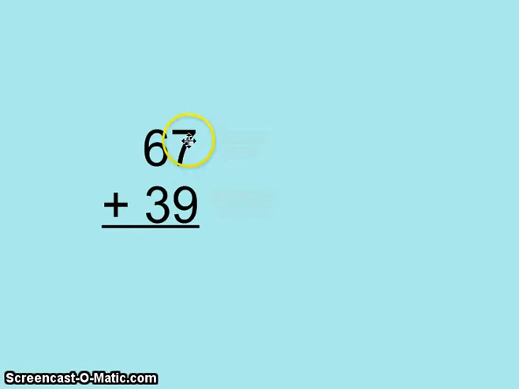Let's try another one. Again, looking at my ones place to begin, I see that I have 7 and 9. They together are more than 10. I have 9 down here, so 1 more makes 10.